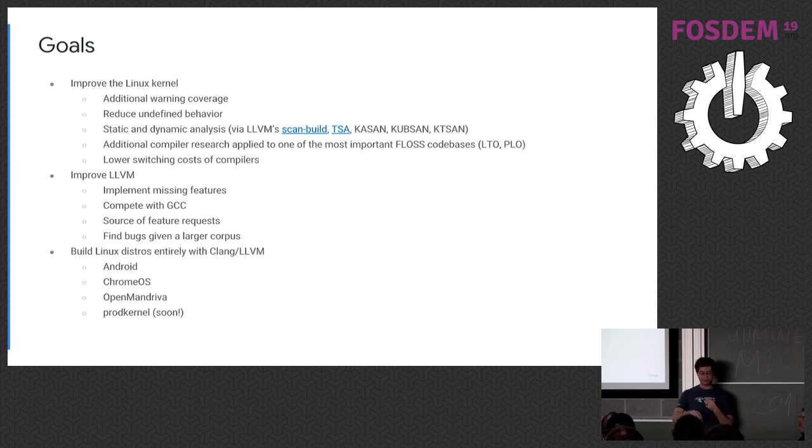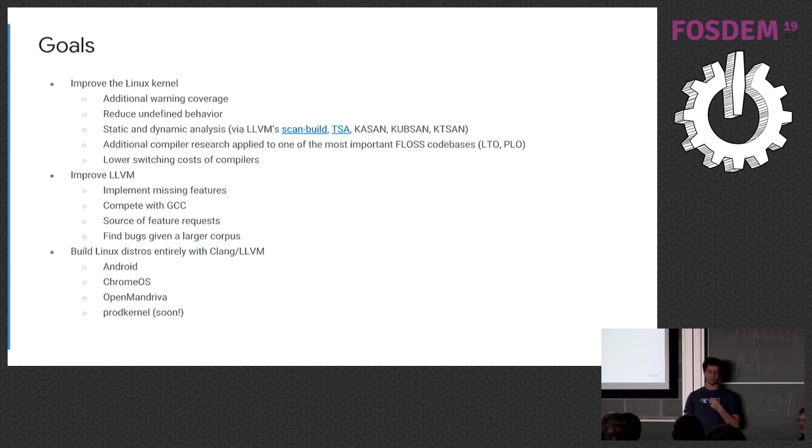Some of the things we're trying to do is create Linux distributions that are entirely built with Clang and LLVM. Android is in the process of moving there. If you have a Pixel phone, those are already entirely built with Clang, even the kernel.